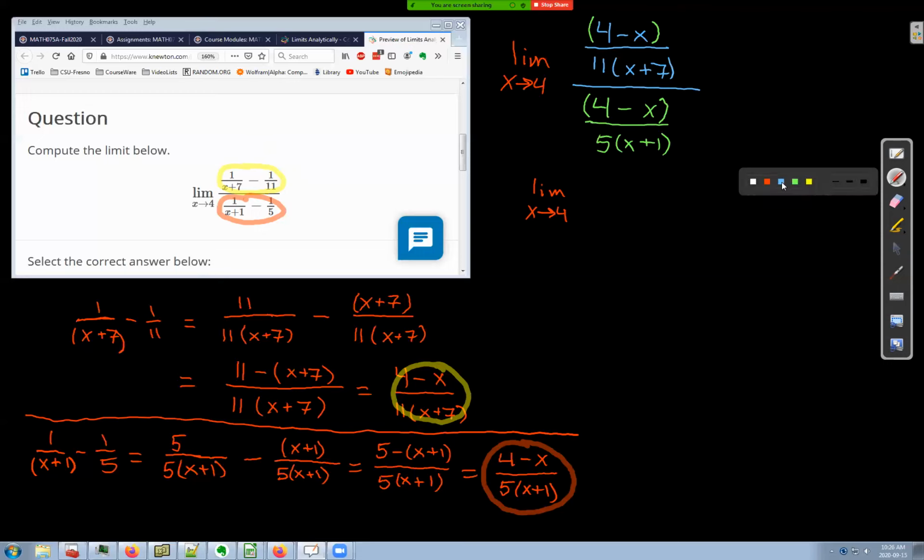So this nasty fraction up here is actually equal to 4 minus x divided by 11 times x plus 7, and then multiplied by, what is it multiplied by? I've got to do the reciprocal of this green fraction. So multiplied by 5 times x plus 1 divided by 4 minus x.